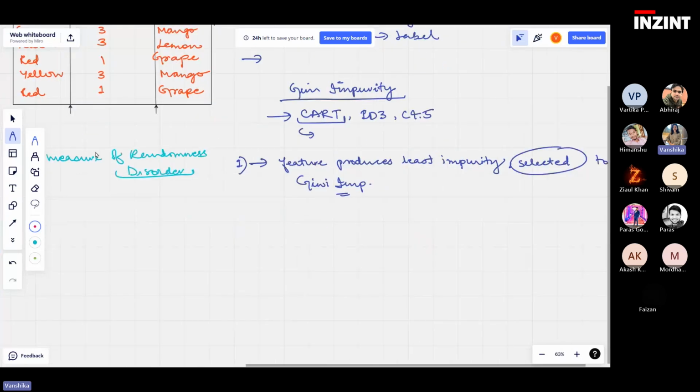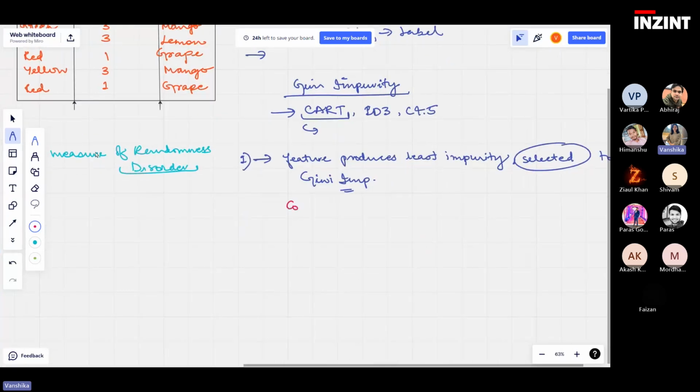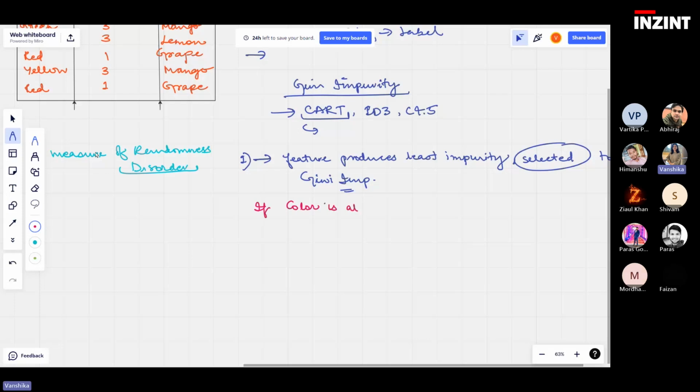Okay. Now let's calculate Gini impurity if color is at the node. What is a node? The root node is the topmost node. Then we split the tree and we have decision nodes. And when the split is not possible, those nodes are called leaf nodes. So I'll just draw a simple diagram.